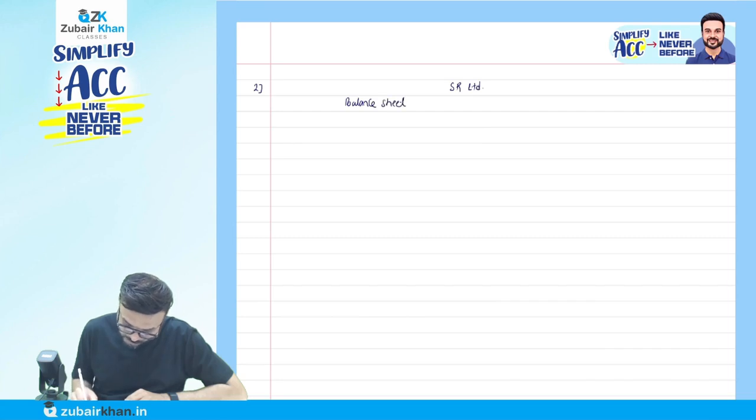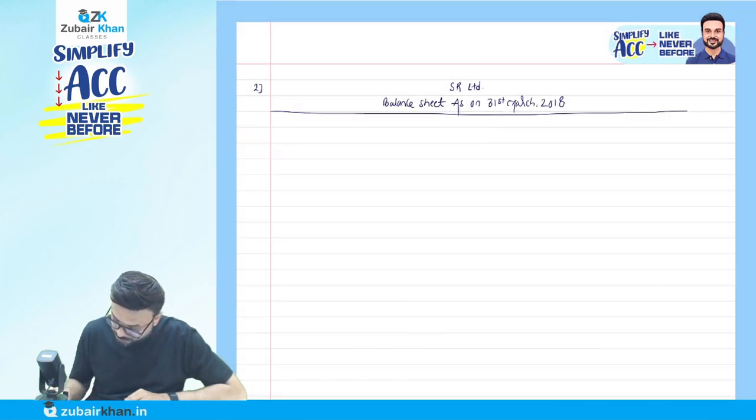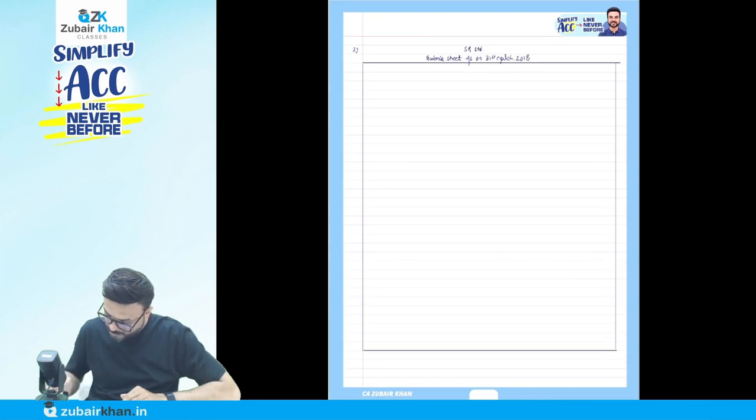Balance sheet as on 31st of March 2018. Balance sheet as on 31st of March 2018. Okay. Draw for one page. Keep the space of 2-3 lines at the end. Okay. One note we are going to write it down there.